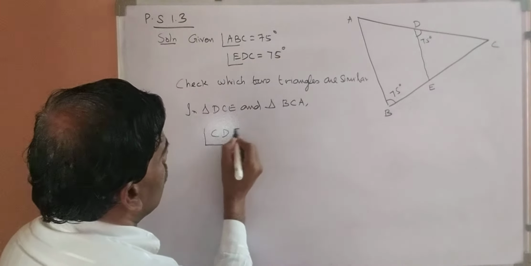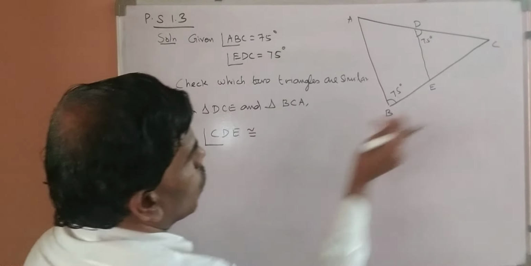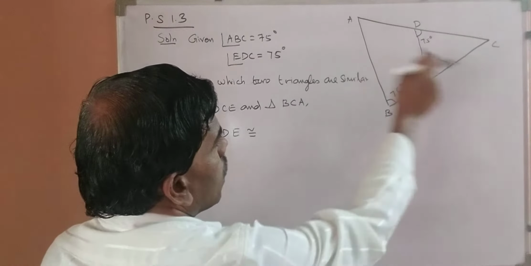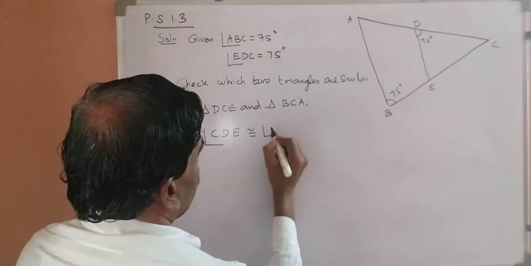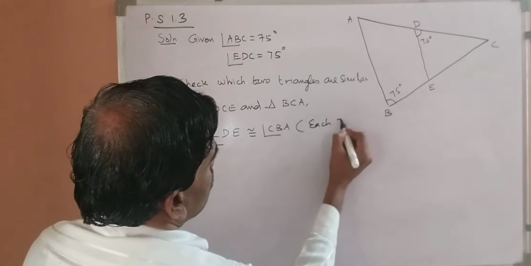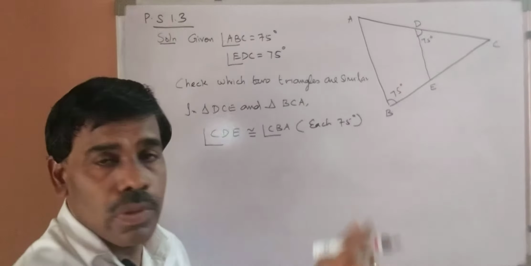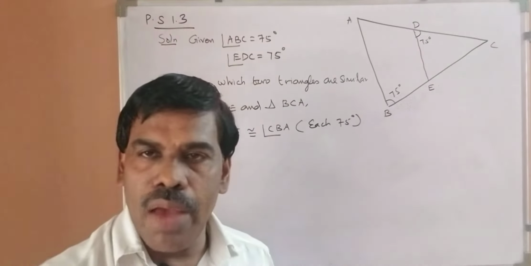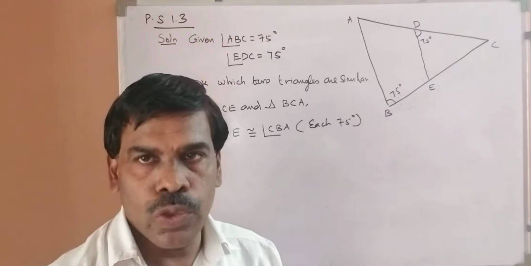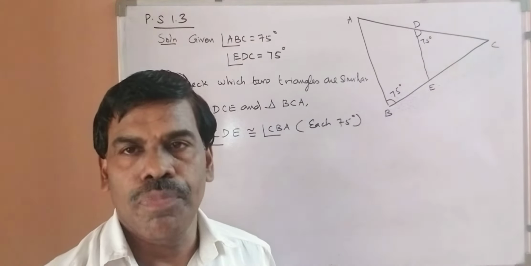Angle CDE is congruent to angle CBA. Why? Each is 75 degrees. Both the triangles have one angle with measure 75 degrees. So those two angles are congruent.